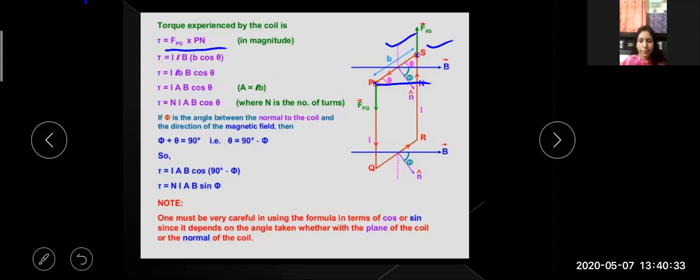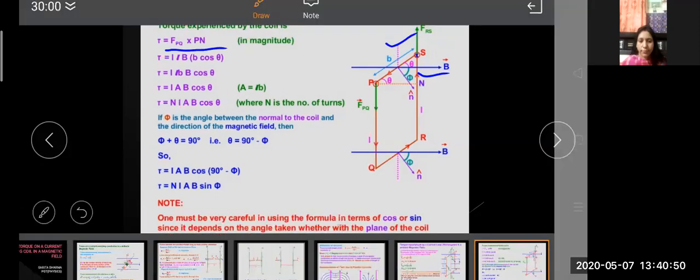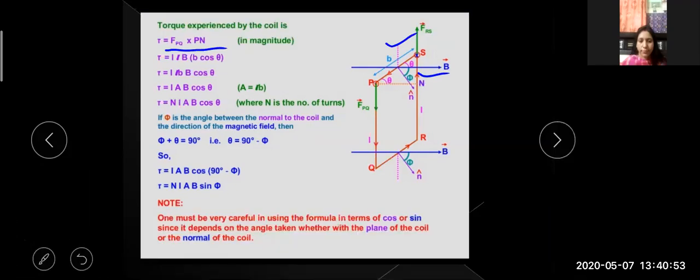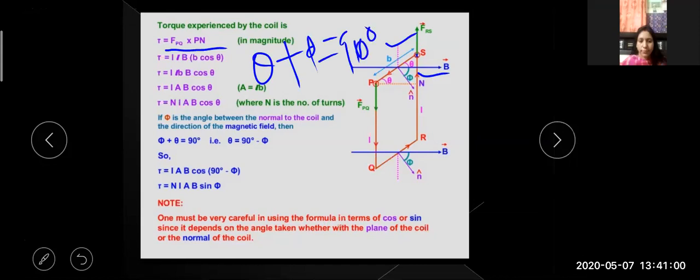If phi is the angle between the normal to the coil and the direction of the magnetic field, see in the figure, this is the angle phi. From this figure, we see that theta plus phi equals 90 degrees, or theta equals 90 degrees minus phi.